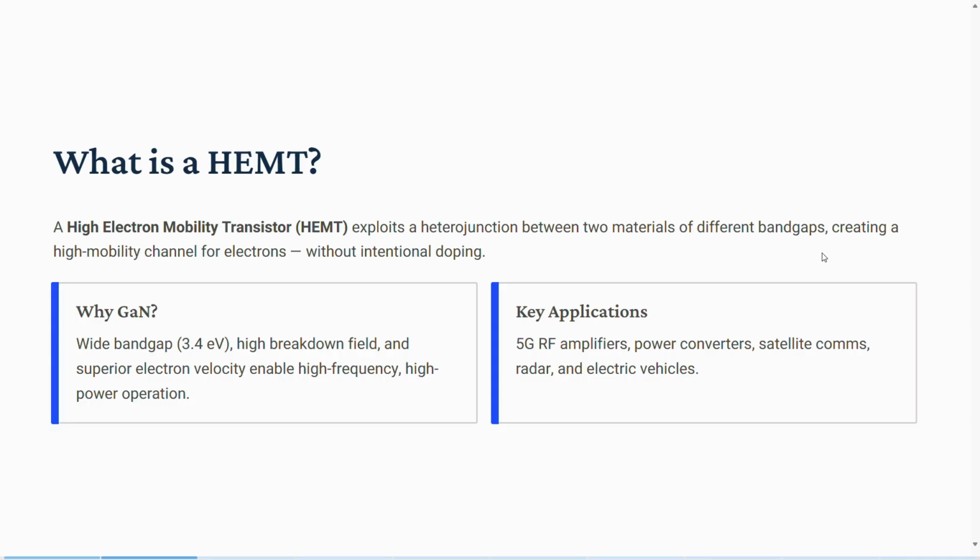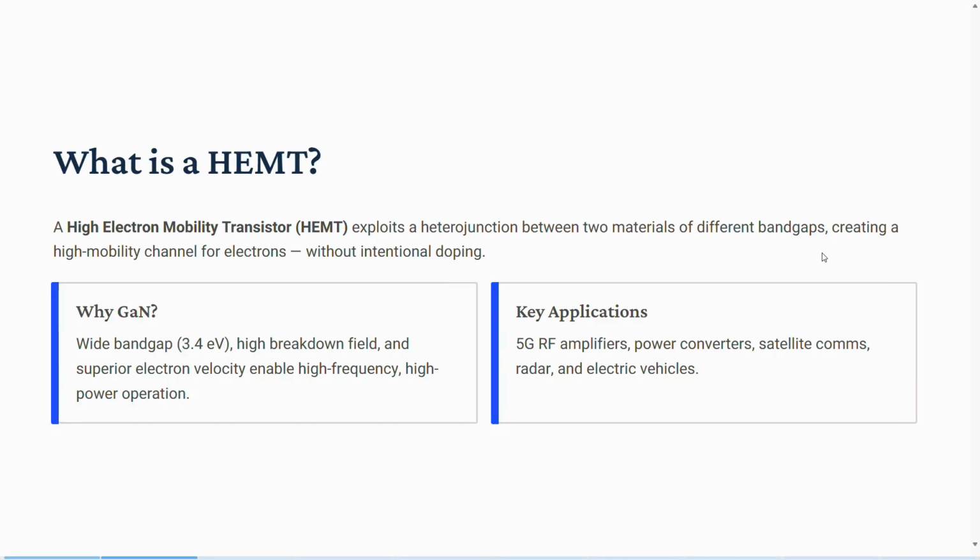In GaN HEMT, the commonly used materials are gallium nitride, GaN, and aluminium gallium nitride, AlGaN. The key idea here is that this heterojunction creates a very high mobility electron channel which significantly improves performance.